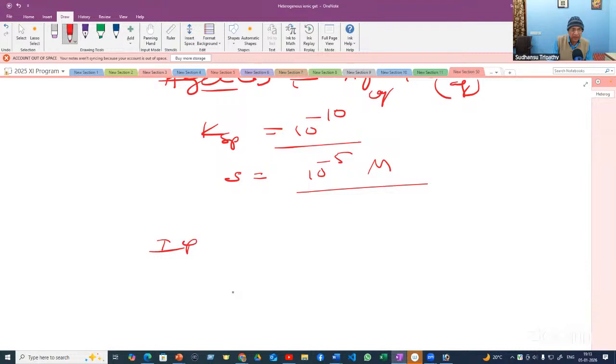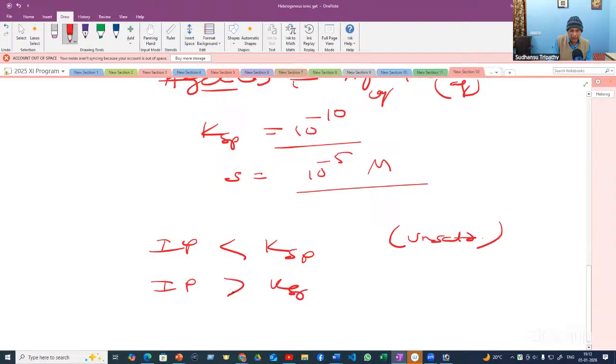So IP less than Ksp is an unsaturated solution, as you know. And IP greater than Ksp immediately forms a supersaturated solution. Precipitation will occur, ultimately forming a saturated solution.